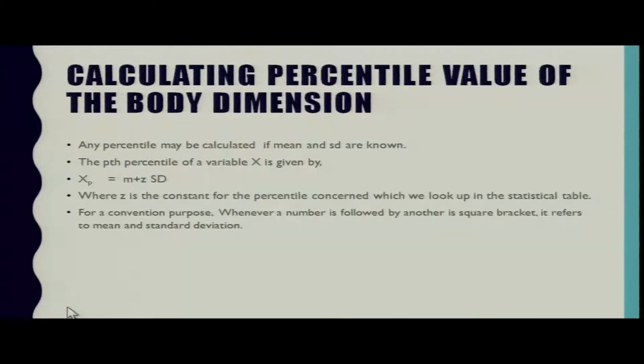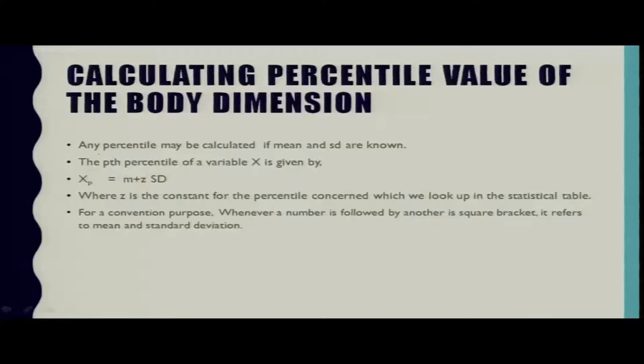Since we are applying the choice of percentile value, we also have to know how to calculate a percentile value. The percentile may be calculated with the help of mean and standard deviation.